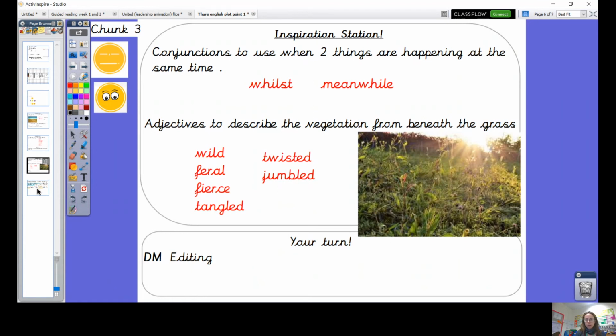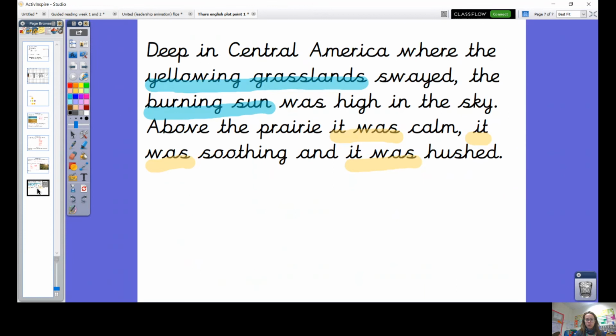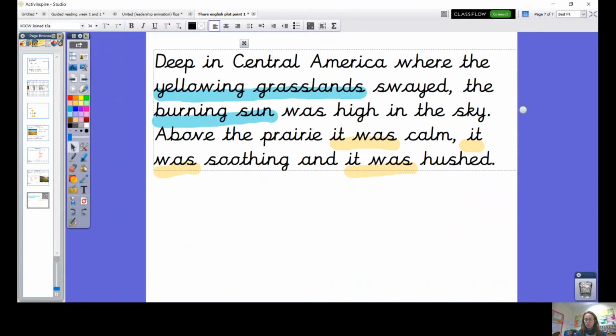Let's talk about our third sentence then. So I'm going to add to my sentences here, a bit like we'd normally do in school. So I've talked about what's above the prairie and the grasses, and now I want to talk about what's below, and I'm almost introducing those ants, aren't I? Almost. Let me just read the first bit.